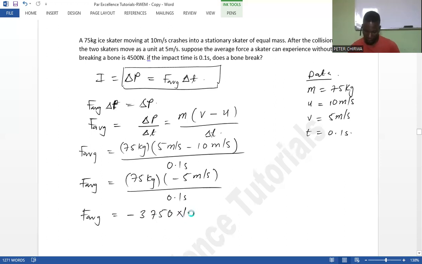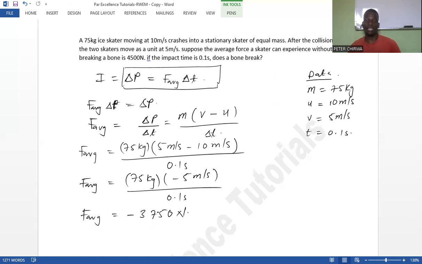This negative is just telling us the direction of this average force: this force is opposite to the motion of these skaters.